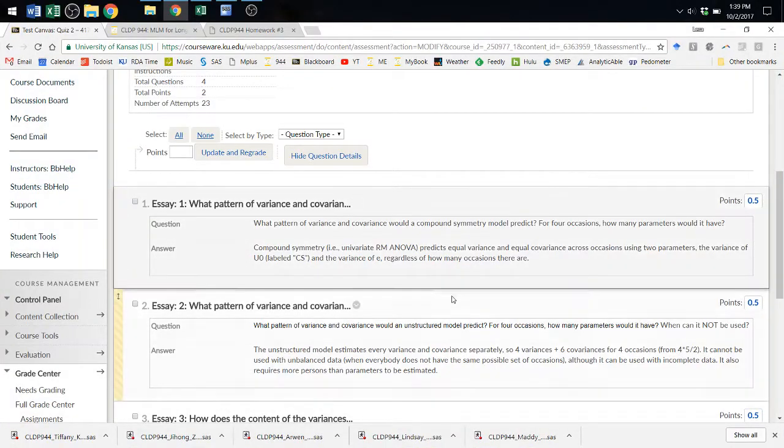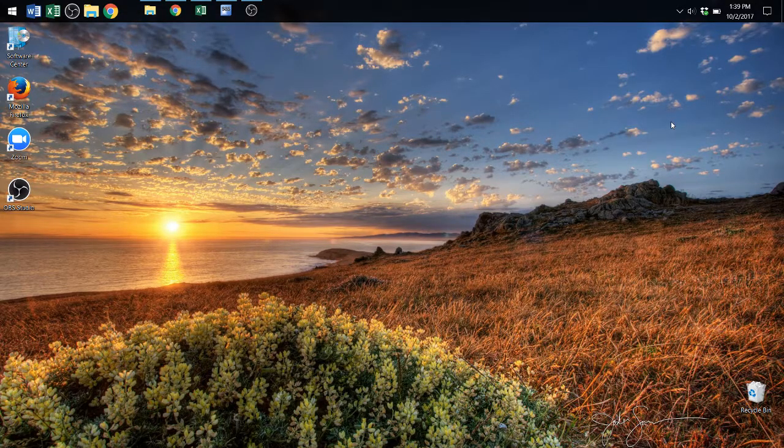Next question was unstructured. What's the pattern unstructured would predict, how many occasions, and when can it not be used? Only balanced data. What does balance mean? It's not about missingness.